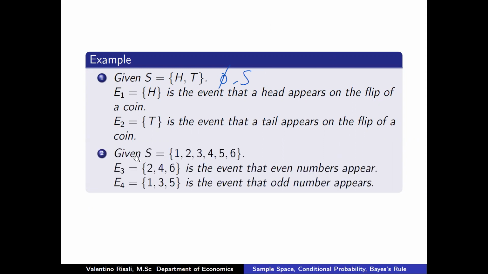For the next experiment, the sample space comes from rolling a 6-sided die.